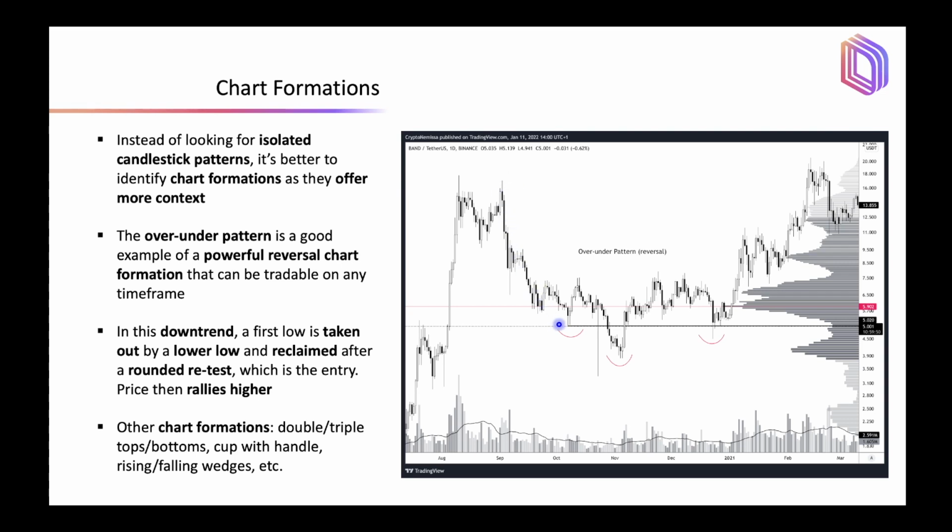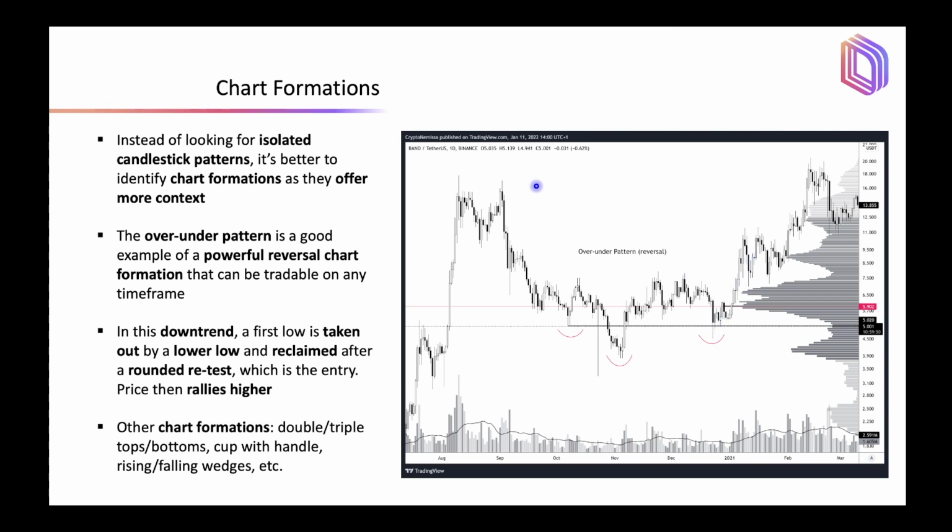So we have first a downtrend here, printing a first low that is later broken, and then we go back up, back above this low, and retest it through a rounded retest, and then we start trending up.